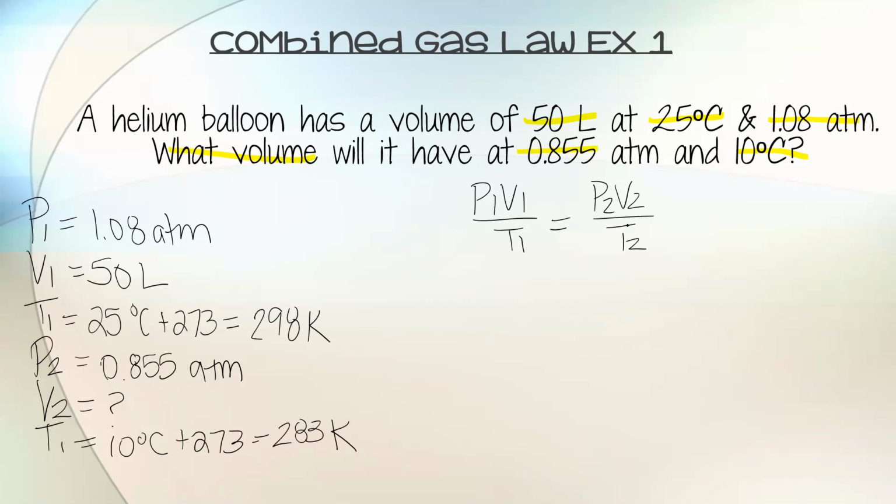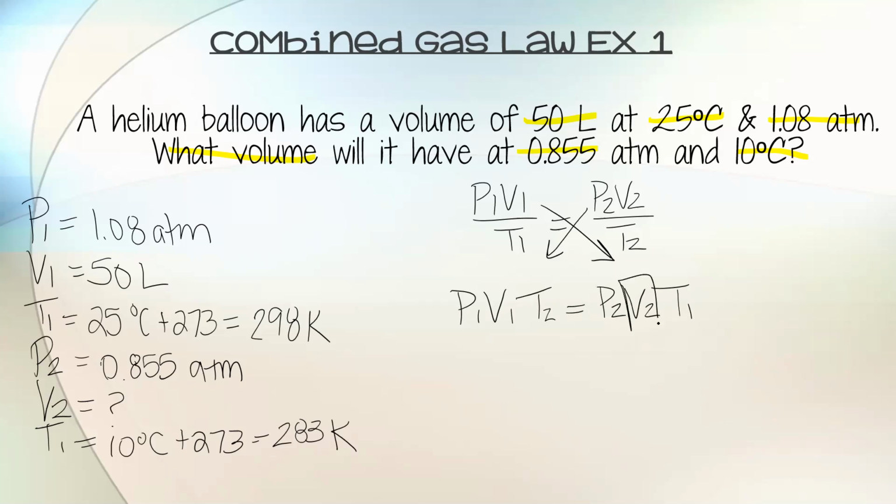Now, just because I'm doing it my way doesn't mean there aren't other ways you can do it. So feel free to do whatever method you're using as long as you show your work and you get the answer. If you'd like to cross multiply, you can set it up in a straight line like this. It's up to you. I'm going to use this method just to kind of show you, but like I said, do whatever works for you.